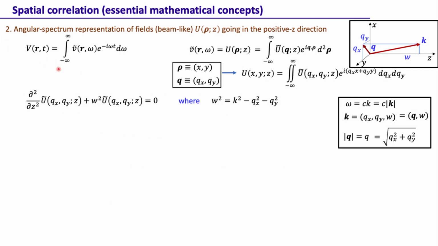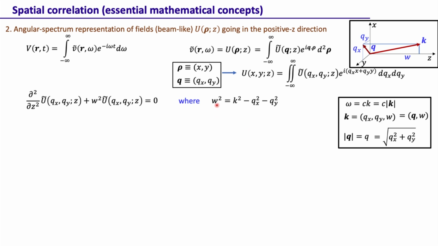So we started with this v and then v(r,t), and then we said we are interested only in u(rho, z). We wrote u(rho, z) as a two-dimensional integral where the conjugate basis is the spatial frequency basis, and now I find that this component u tilde(qx, qy, z) satisfies this differential equation, where this constant w square is k square minus qx square minus qy square.